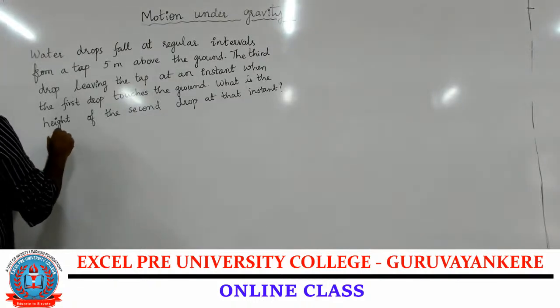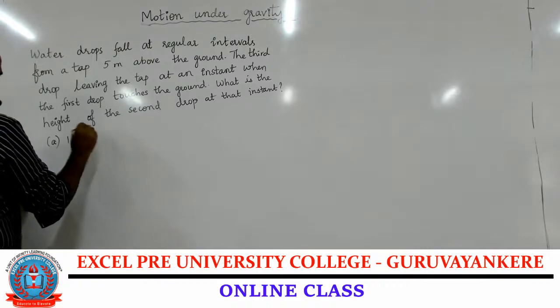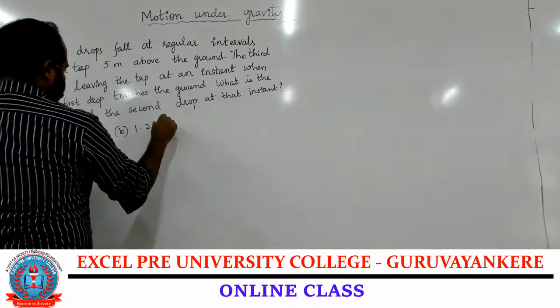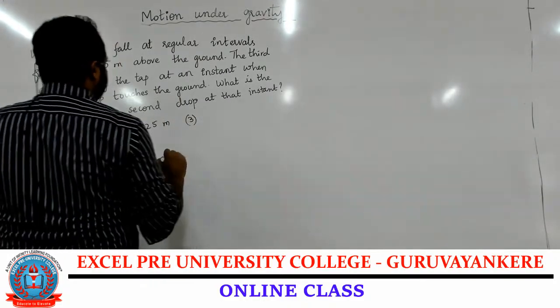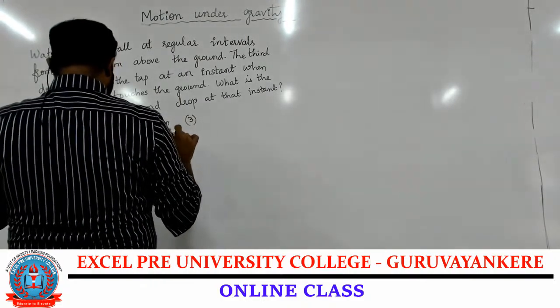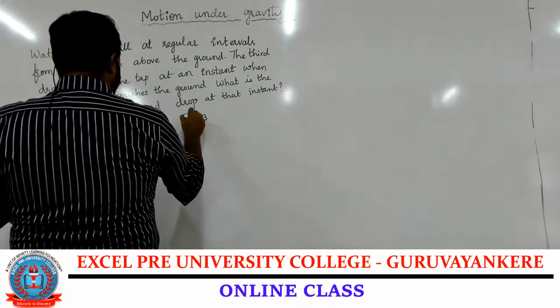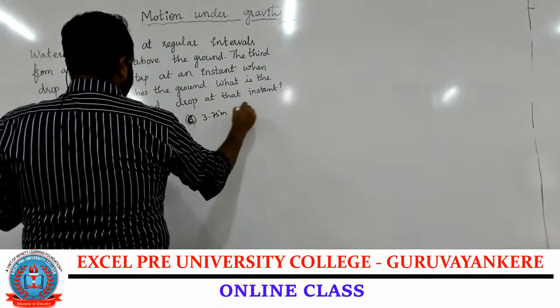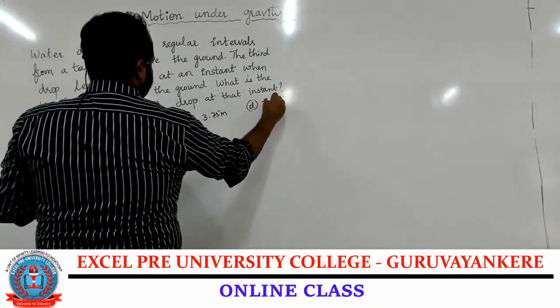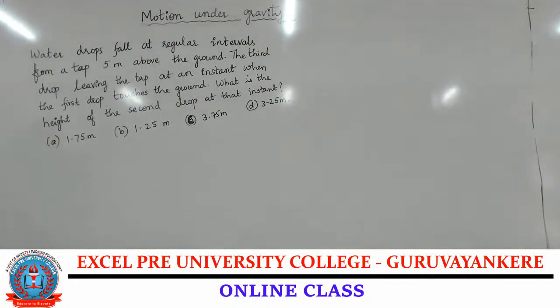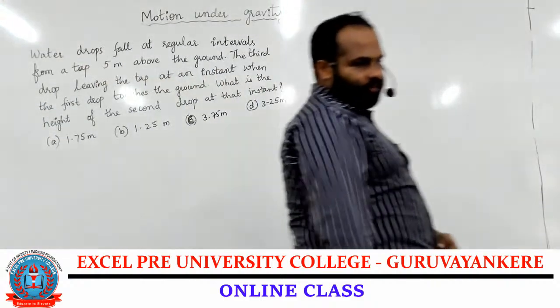Options are A 1.75 meter, B 1.25 meter, option C 3.75 meter, option D is 3.25 meter. What is the height of the second drop at that instant? Now we try this problem. Try, we will see.